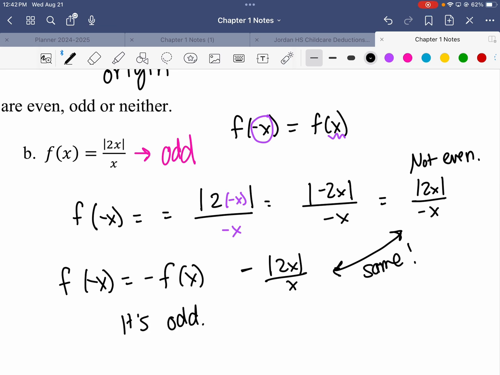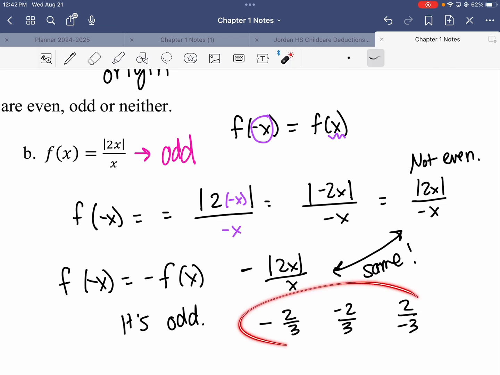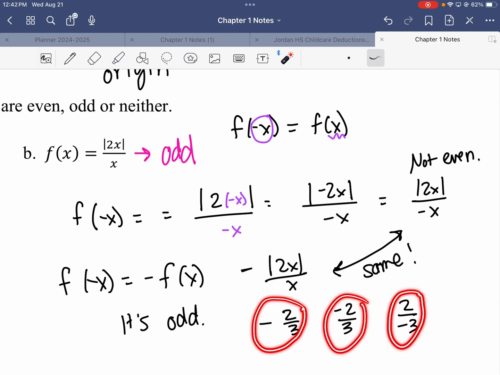Exactly. So remember with fractions, what are the differences between these three fractions? As far as equivalency goes, you're gonna get the same thing no matter how you do this.